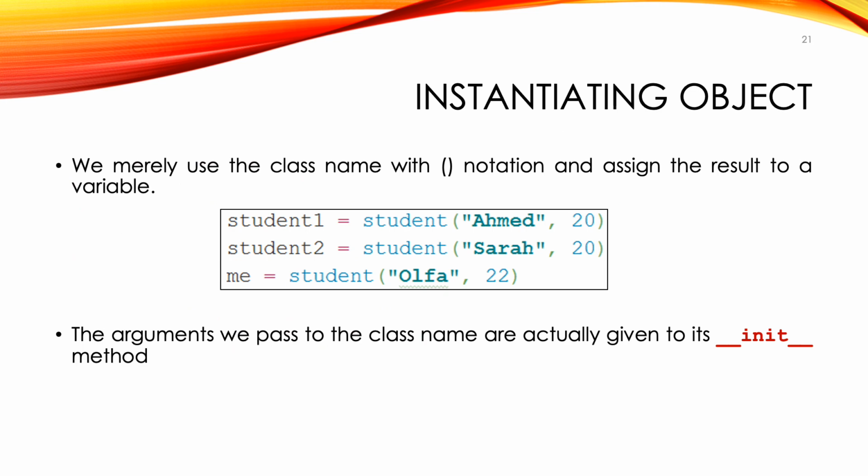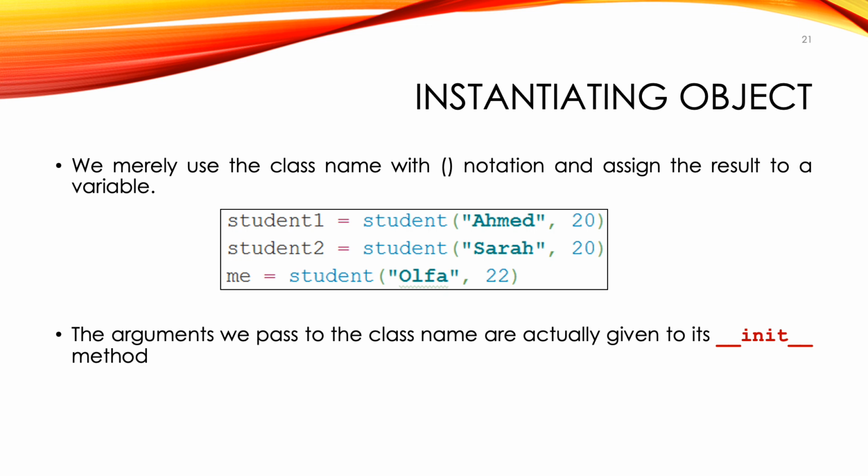Okay, now that we have defined the student class, we can create as many student objects as we want. In this example, we are creating three different objects, student 1, student 2, and me. In order to instantiate an object, we simply give it a name. In this case, we have student 1, the name of the first object, then we have student 2, the name of the second one, and me, the name of the third one.